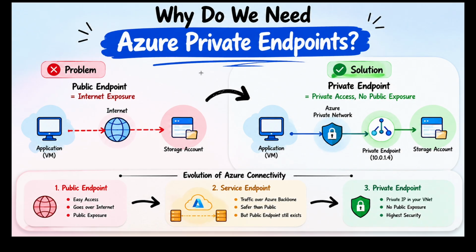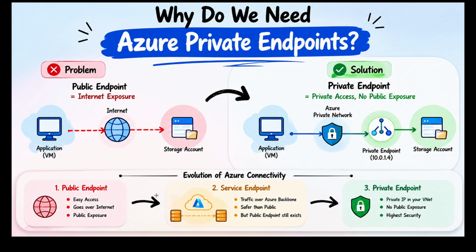So I hope now you got why we need Azure Private Endpoints. Without endpoints, destination PaaS resources are accessible over the internet. That comes with a lot of security risk. But with the private endpoint, we have private access and no public exposure. And how everything started was that PaaS resources had a public endpoint that was easy to access, goes over internet, no changing of the NSGs and firewall rules.